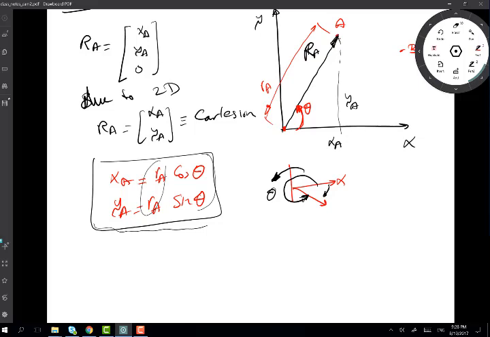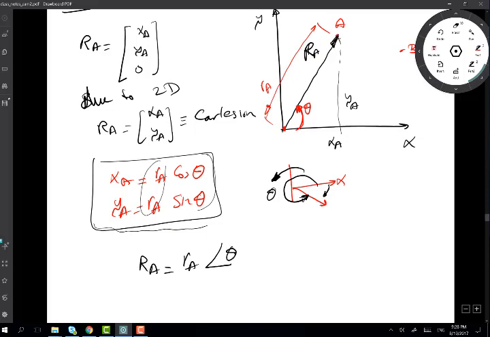It's much simpler and more compact. So in a polar representation, we say the vector RA is equal to length RA and some angle theta.